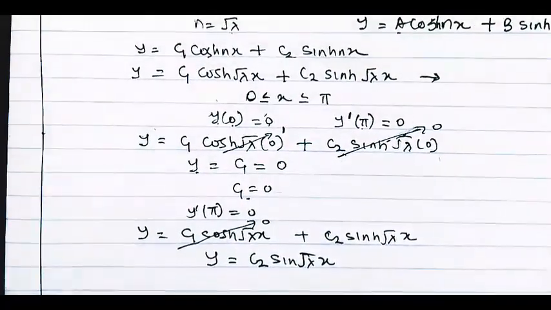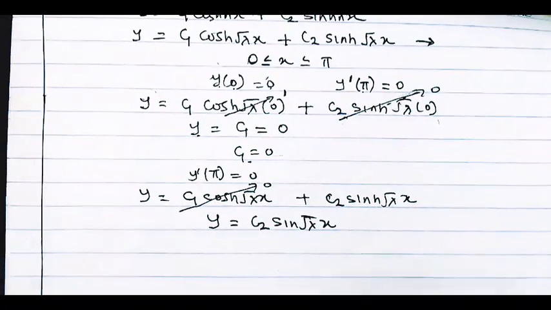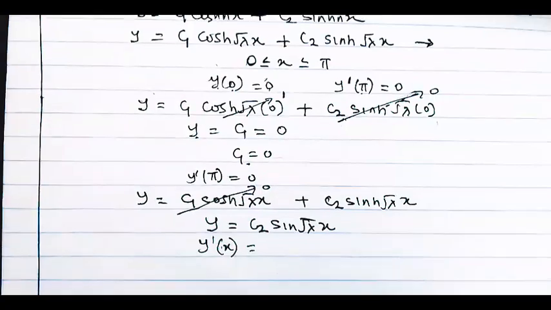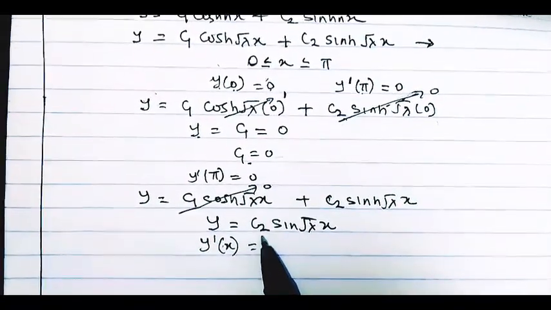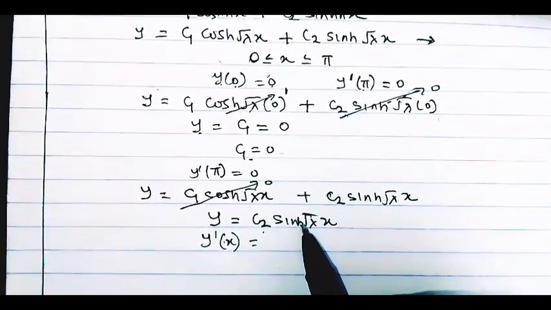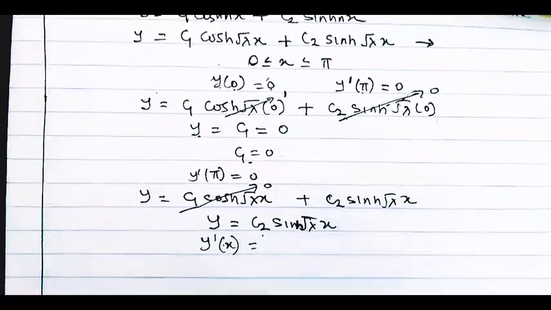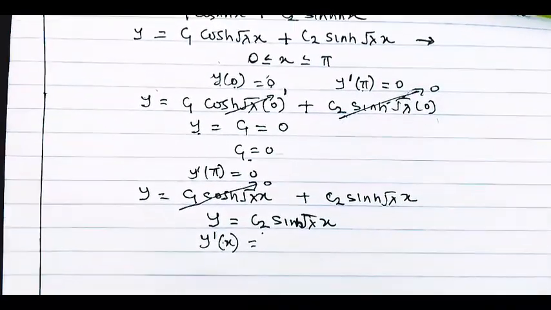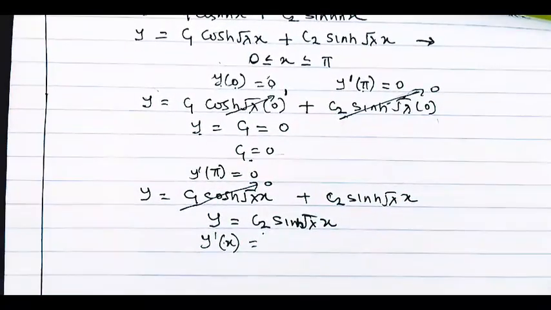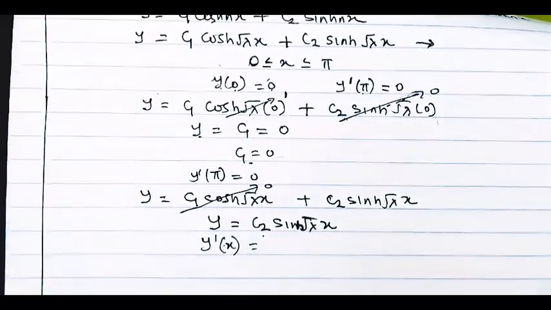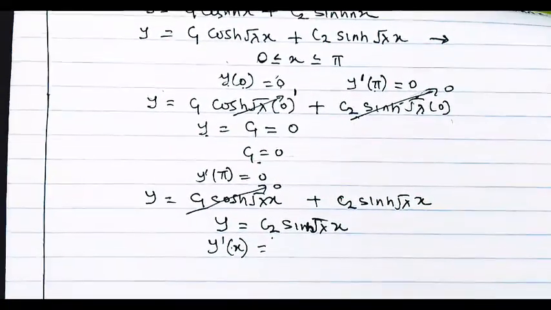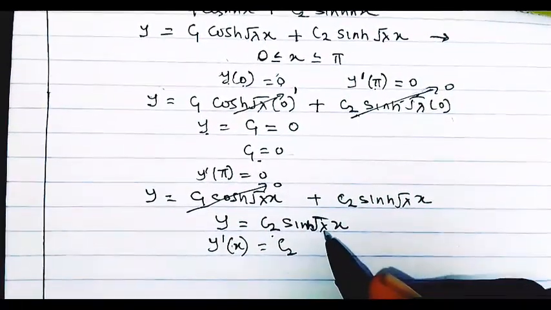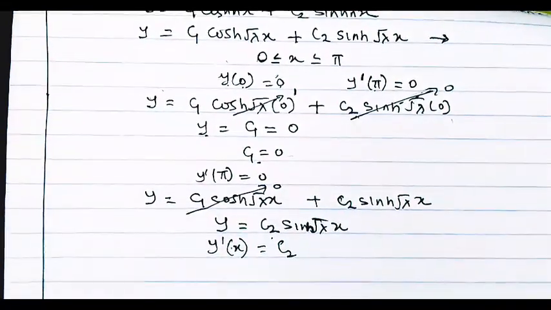So now what I have to do is to differentiate my y. This is y prime of x, because this is a function of x. The c2 is a constant, so I'm just going to be differentiating the sine. If you differentiate sine x, you have cos x. Now remember, this is a function of a function.